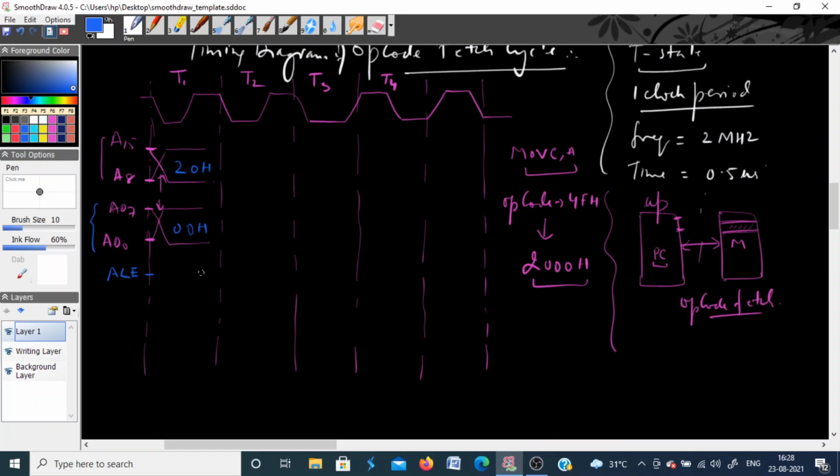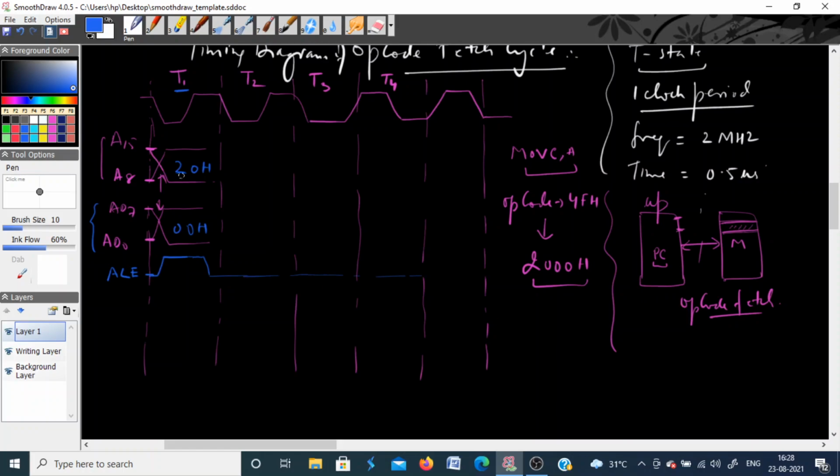This ALE signal is an active high signal. It means during the first clock period T1 itself, this signal will go from 0 to 1. This is a small pulse which stays at 1 for some time, and then it again goes back to 0.